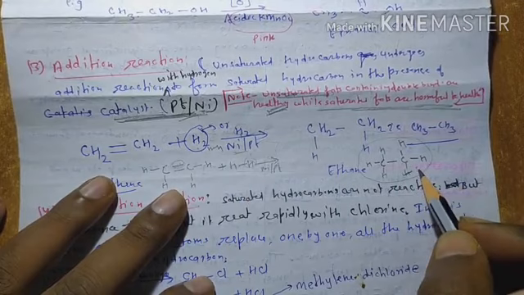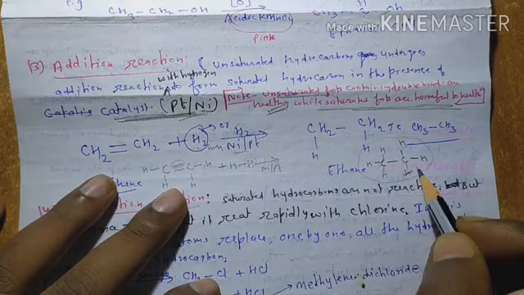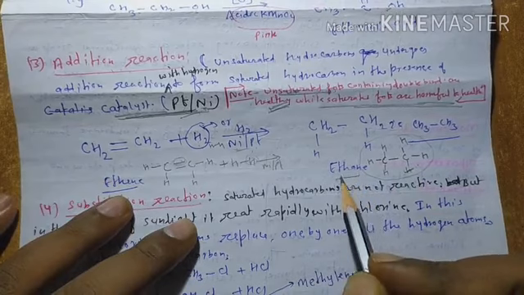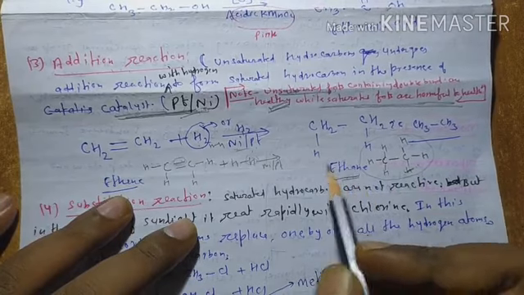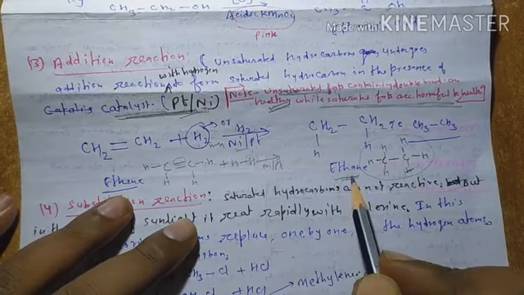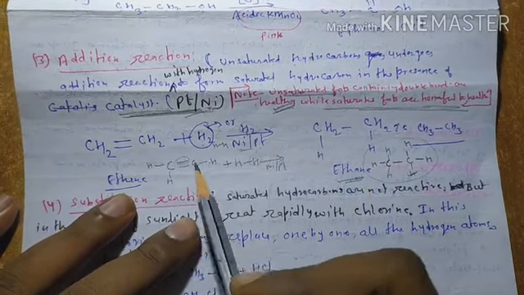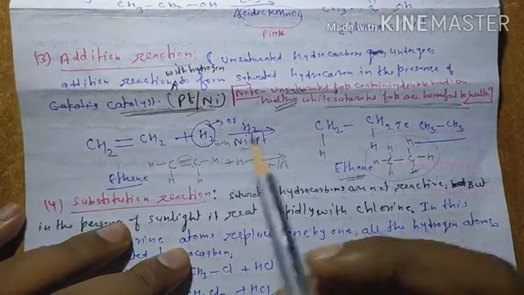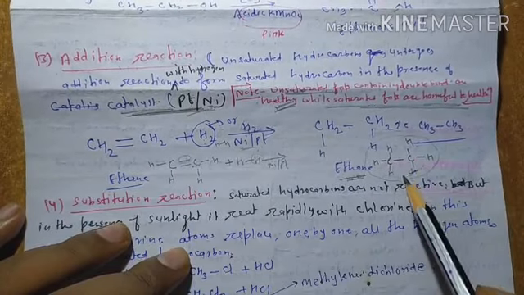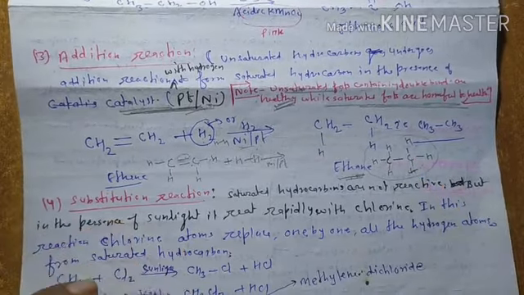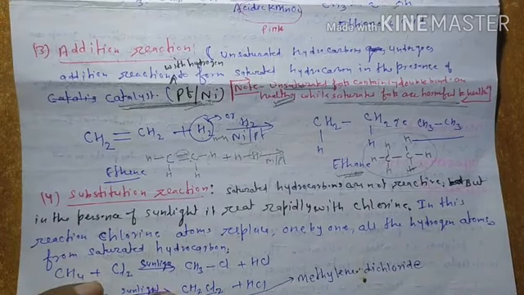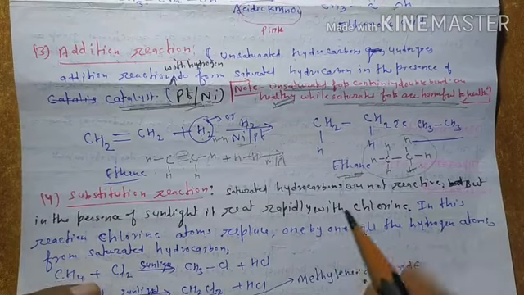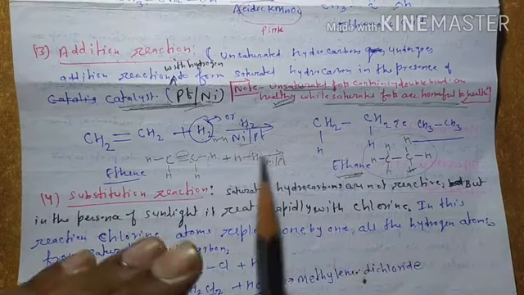From ethene you can get ethane. This was an unsaturated hydrocarbon because of a double bond between carbon atoms, but this is a saturated hydrocarbon. Okay, so now we will do some activities that will show whether a double bond, a multiple bond, is present in the molecules or not.